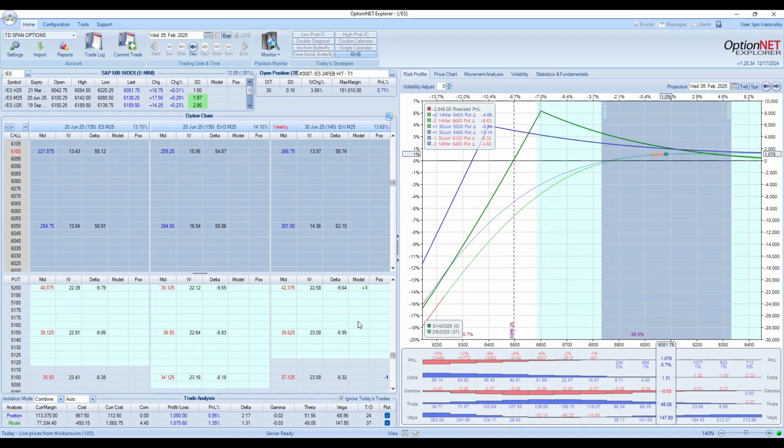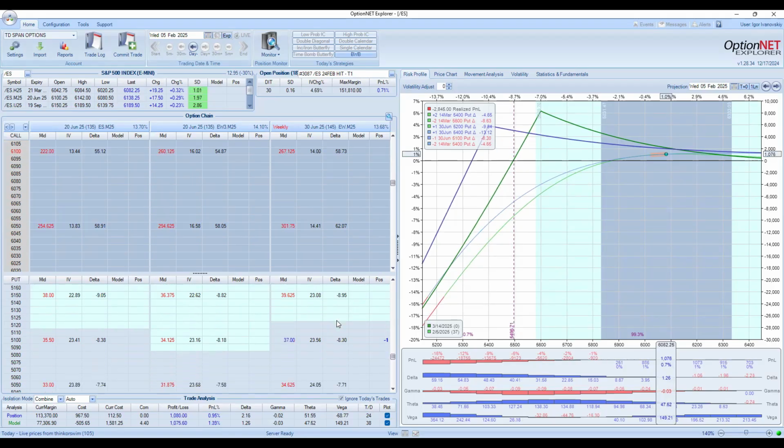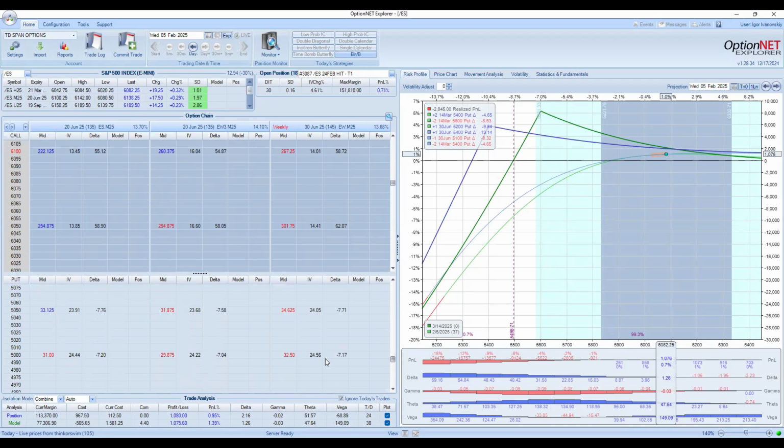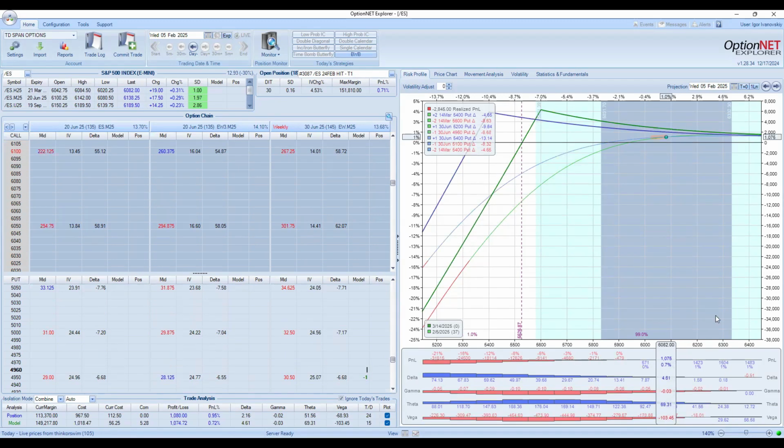I'm spending $42 to buy this $5,200 put. I would like to get as close to 300 as possible on the width of this put debit spread. I was able to model a trade that was 49.50 on the strike of the short leg, right?